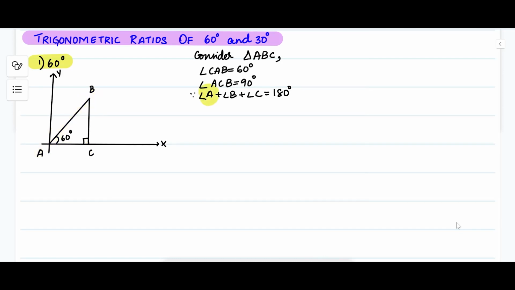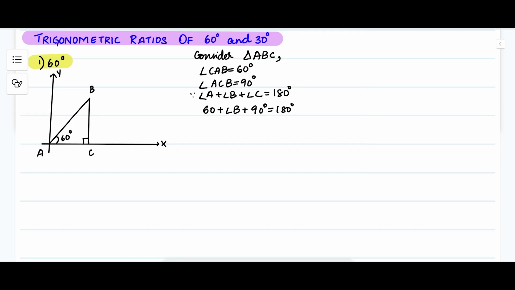We have our angle A equal to 60 degrees. So we have 60 degrees plus angle B, which we'll be finding out, plus our angle C, which is 90 degrees, which is here.